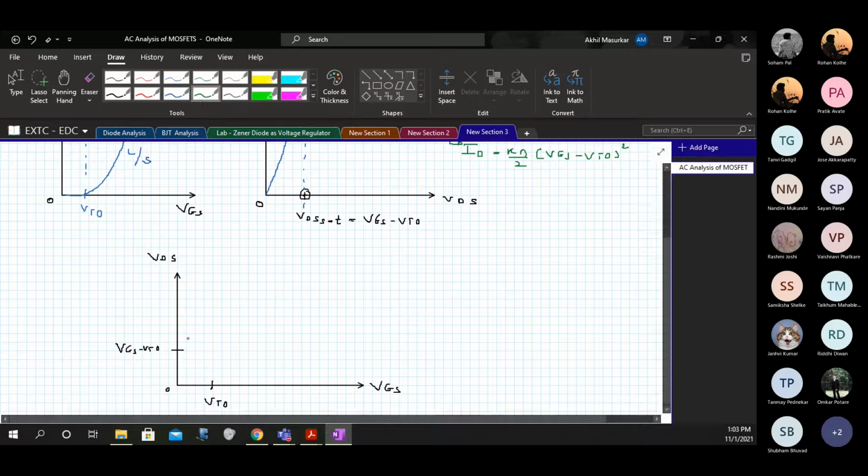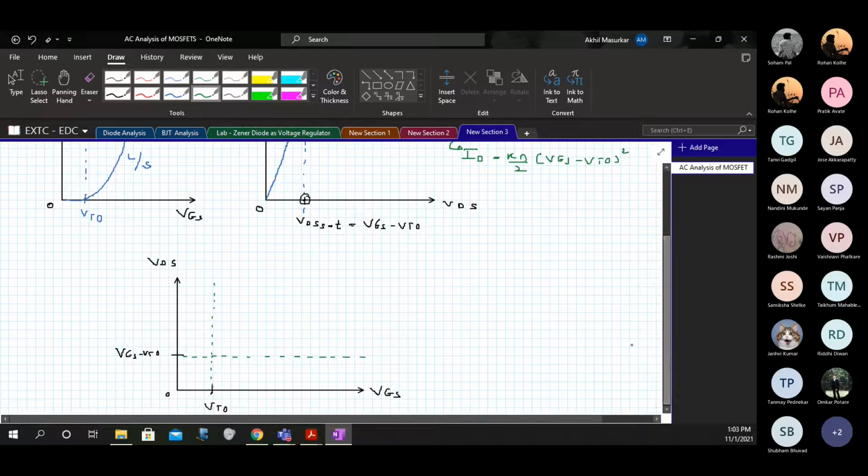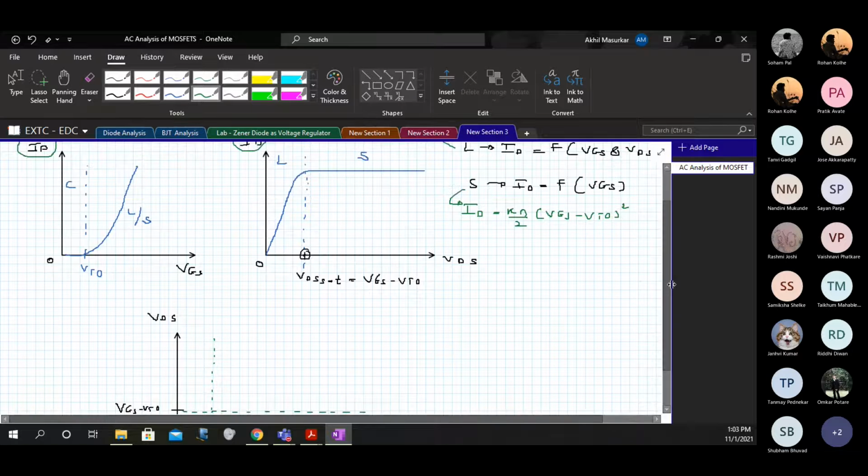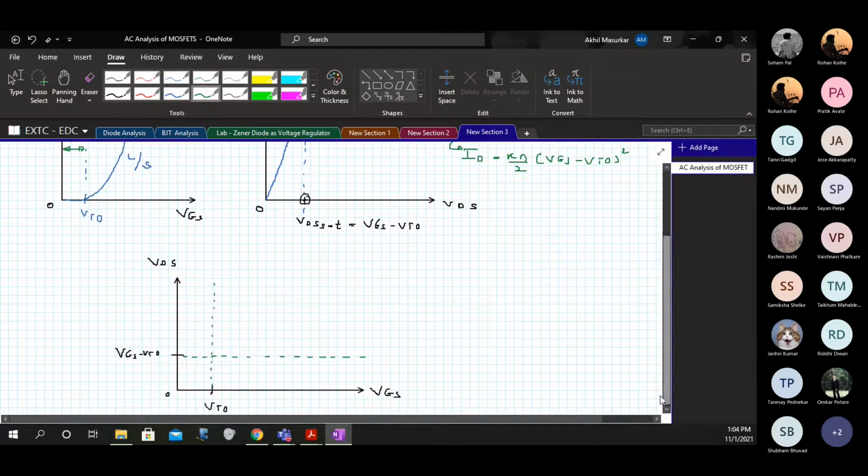So now we can divide this graph into 4 parts, because we have 2 points on the x and y axis respectively. You can see here that if VGS is less than VTO, then the MOSFET is in cutoff. If VGS is less than VTO means VGS is in this region, then the MOSFET is in cutoff.